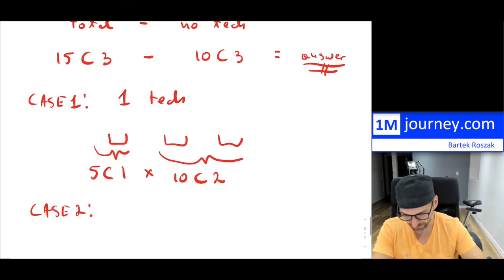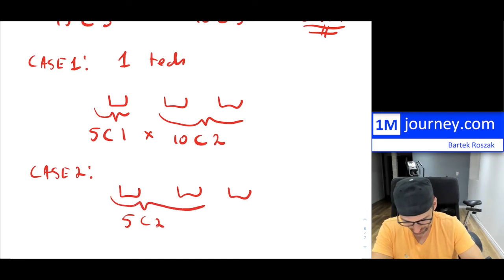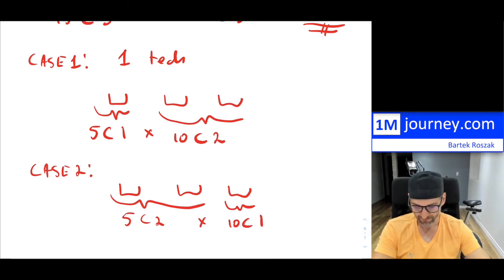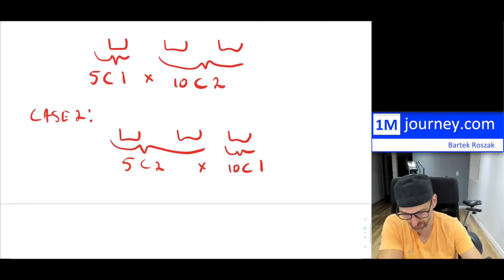Case 2 would be that you have 2 technology stocks, so 5 choose 2. Then that leaves you 10 choose 1 of the remaining bank and energy stocks. So that would be case number 2.